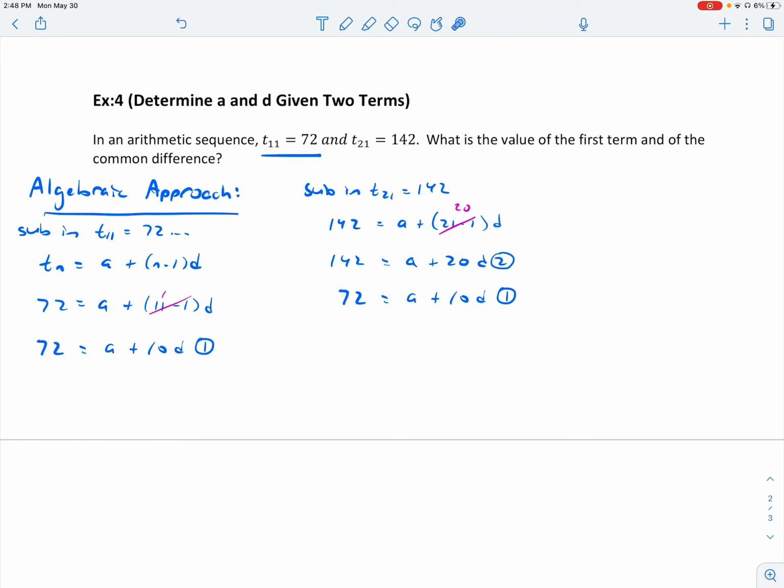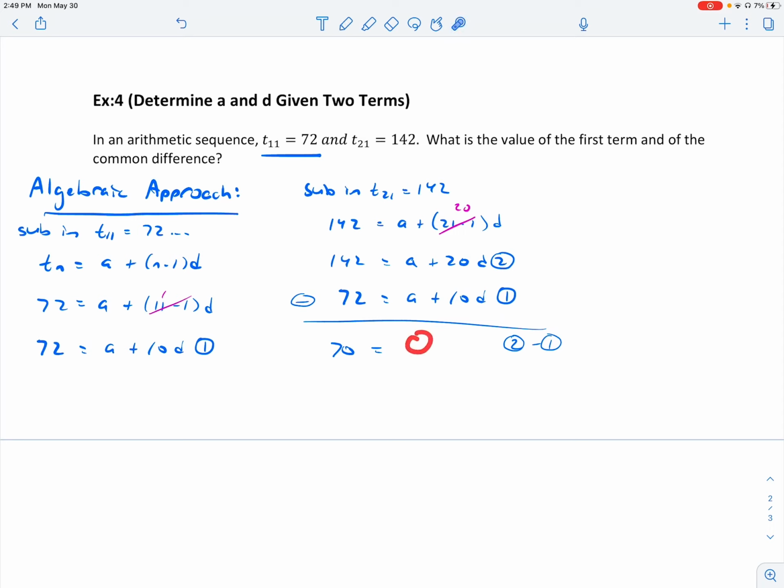Okay, you want to make sure your variables line up. All the terms line up nice and evenly. And I'm going to subtract them. So my result is going to be 2 minus 1. So 142 minus 72, that's just 70. What's A minus A? Well, nothing, the A's cancel out, so we get 0.